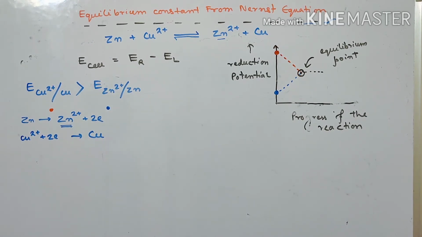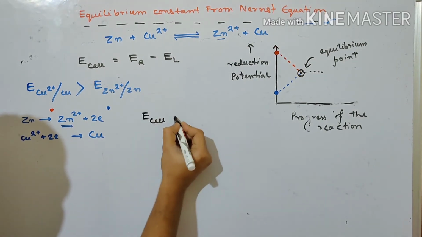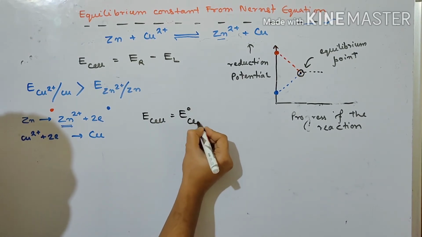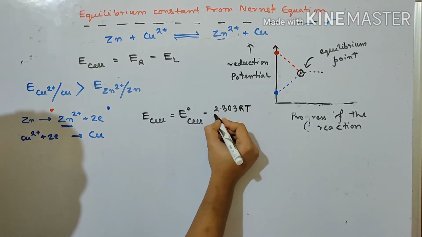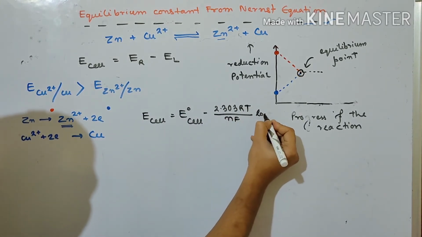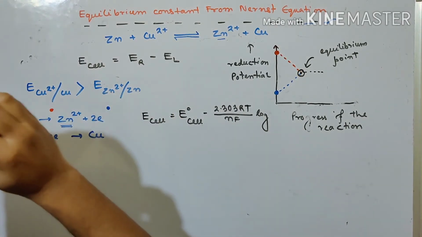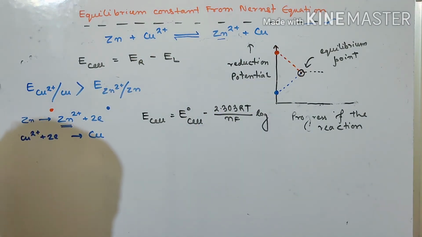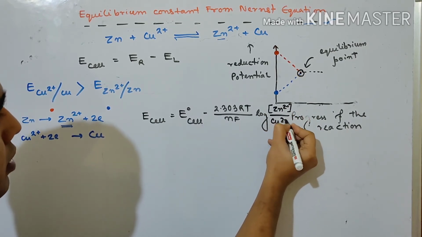What is the mathematical output of this equilibrium point? For that, we have to rewrite the Nernst equation once again. So the Nernst equation for this will be E cell is equal to E0 cell minus 2.303 RT by NF log of, I am writing the zinc 2+ and copper 2+, so it should be Zn2+ divided by copper 2+.